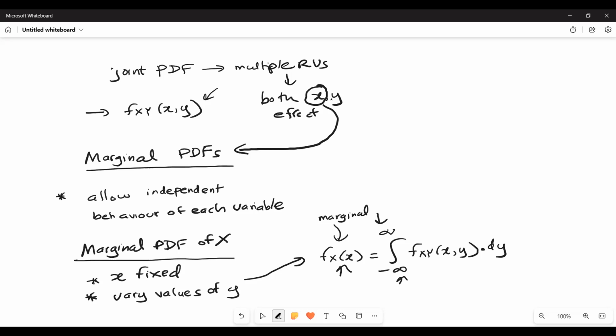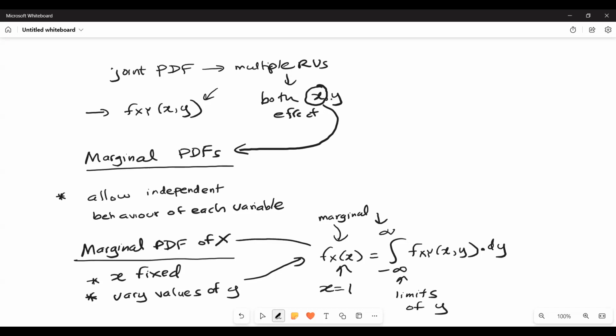So X has a certain value, let's say X is kept as 1, and the Y values are changed from minus infinity to plus infinity, or to the limits of Y that is defined. There could be some specific limits of Y. I can substitute those limits into this integration, and the integration value that I obtain in this situation is known as the marginal PDF of X.